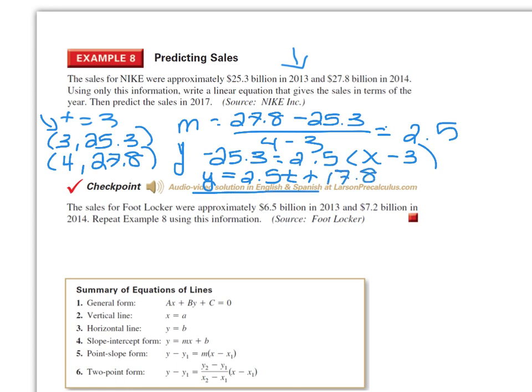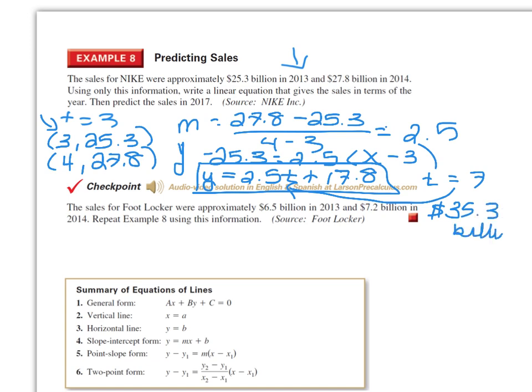That's going to give me my equation for here. So now it says predict the sales in 2017, which means my T is going to be 7. I'm just going to plug it into this equation, and when I plug 7 in there, the predicted sales is $35.3 billion. Dang, Nike makes a lot of money.